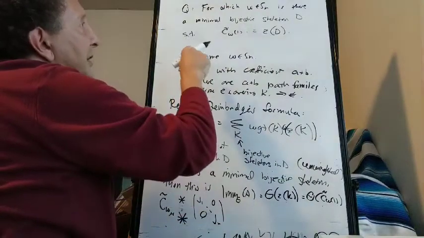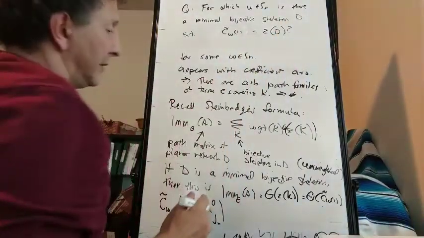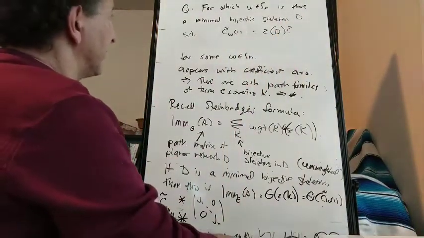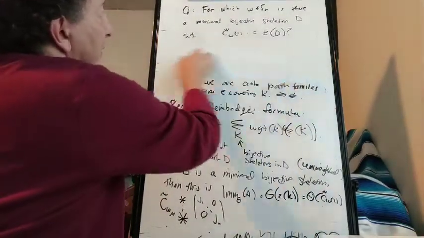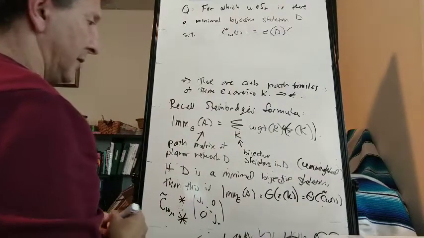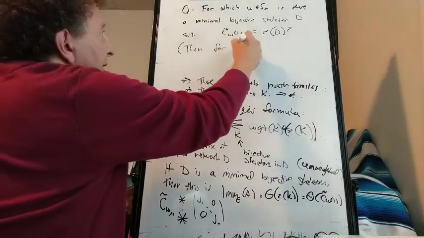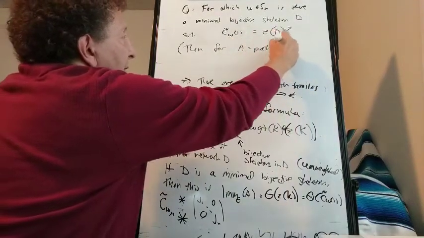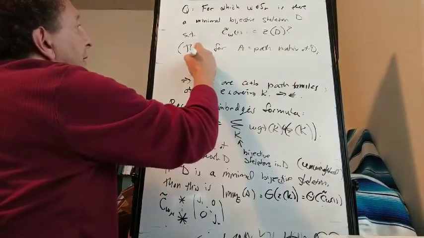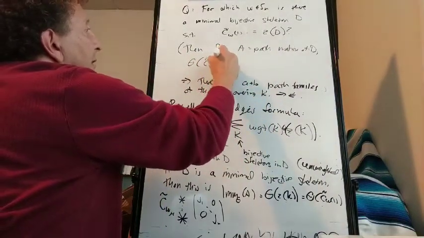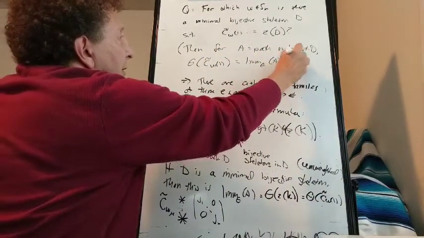When is there a minimal bijective skeleton D such that the Kazhdan-Lusztig basis element equals Z of that bijective skeleton? Because then for A equal to the path matrix of D, theta of the Kazhdan-Lusztig basis element equals the theta immanant of A.